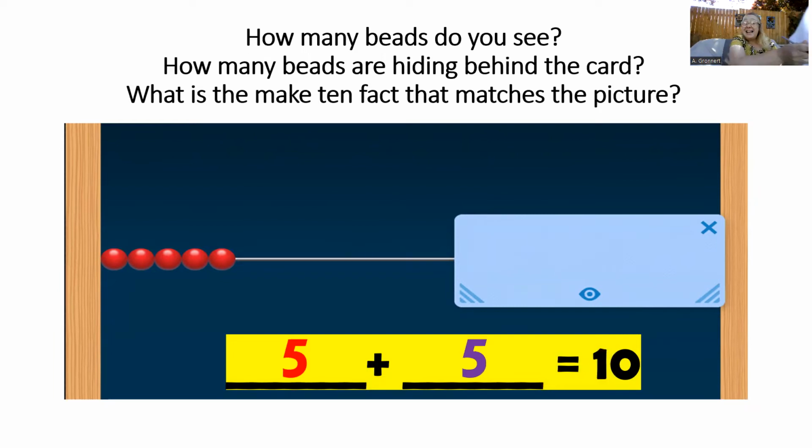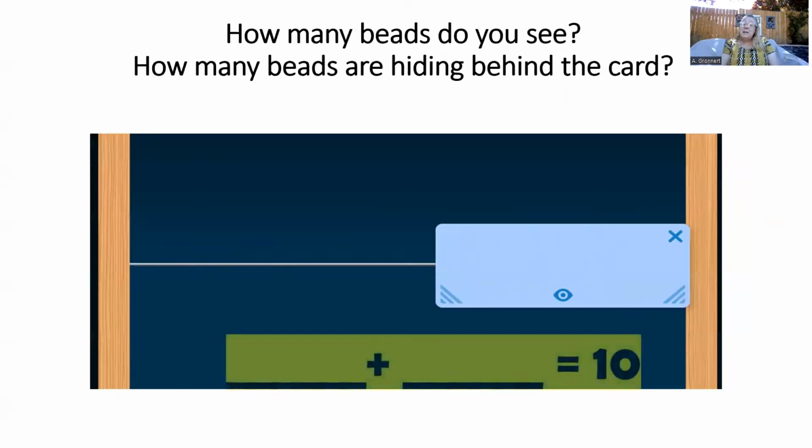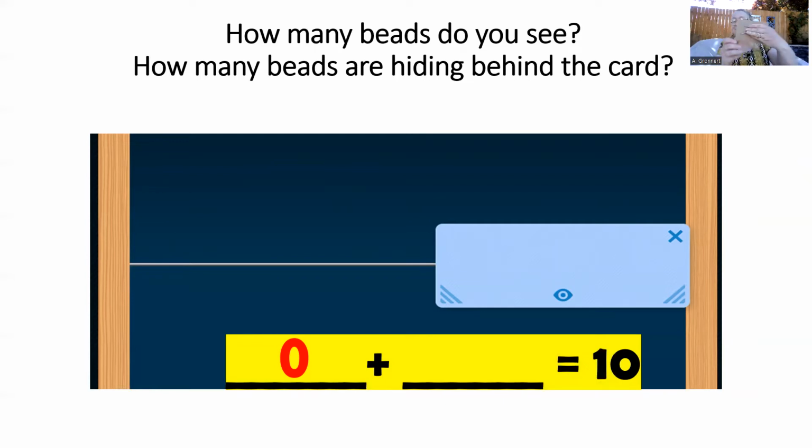Okay, ready? Let's do another one. How many beads do you see now? There aren't any beads, are there? Do you know what number that is? Yeah, that's a 0. There are 0 beads. I just made it on my number rack.